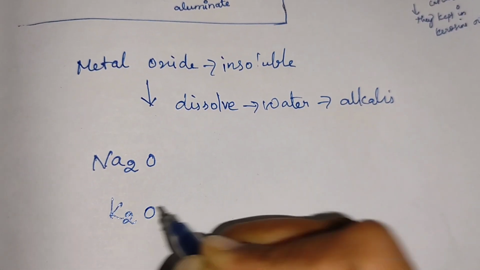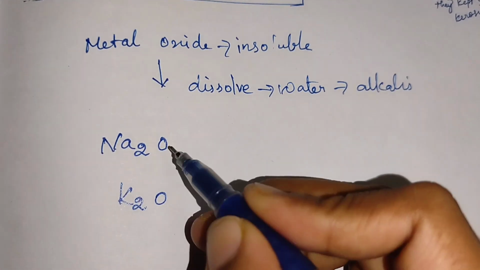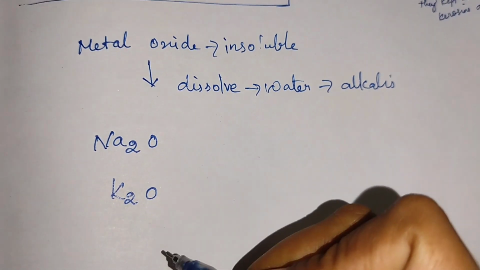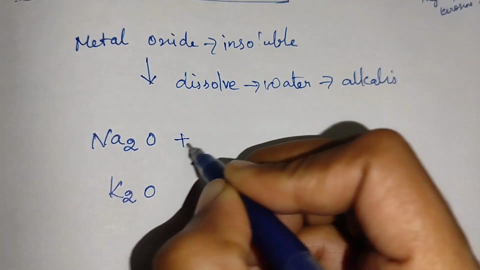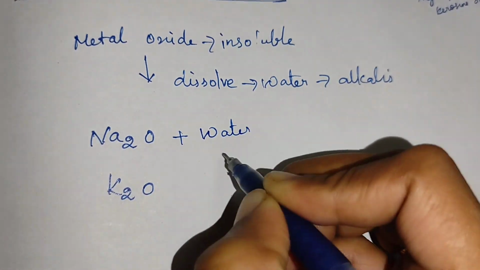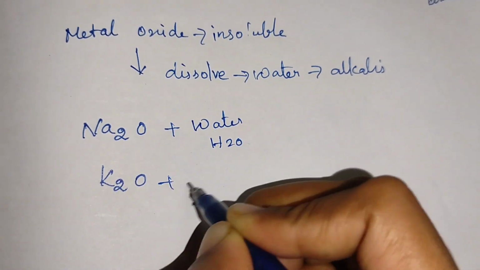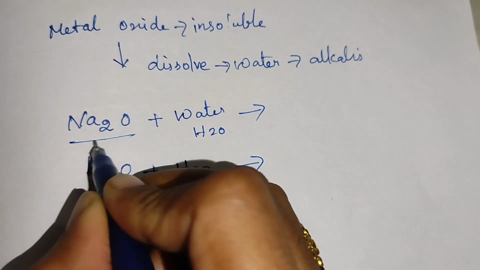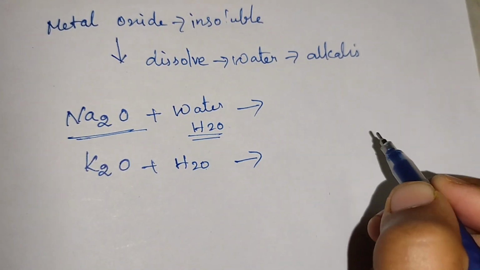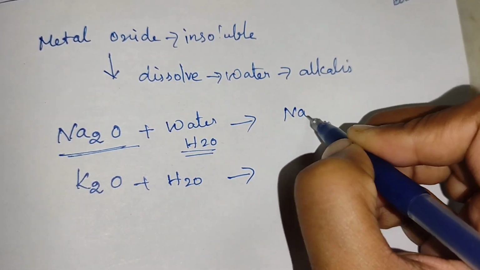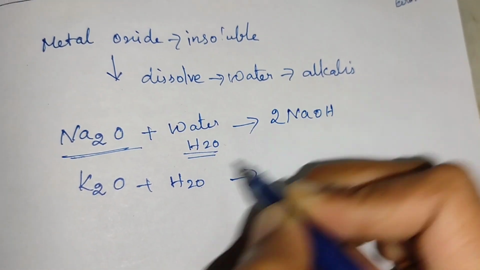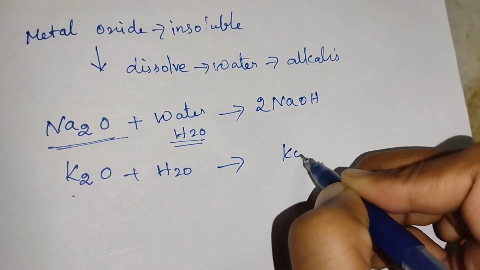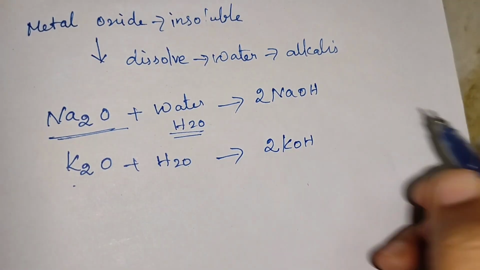Potassium oxide, K2O. So these metal oxides will dissolve in water. Plus water I am adding. Water formula is H2O. To give alkalis. So when Na2O and H2O react, I am getting 2 NaOH. Like that, with K2O I am getting 2 KOH.